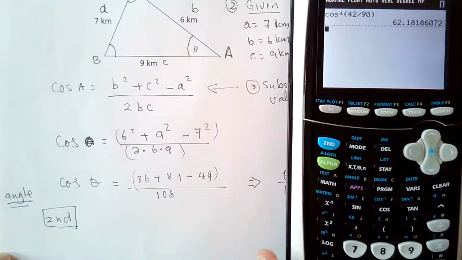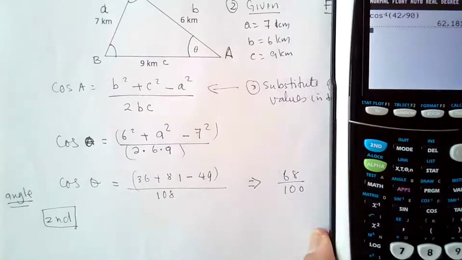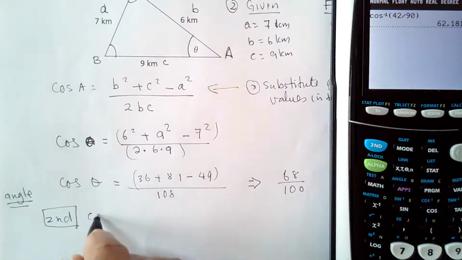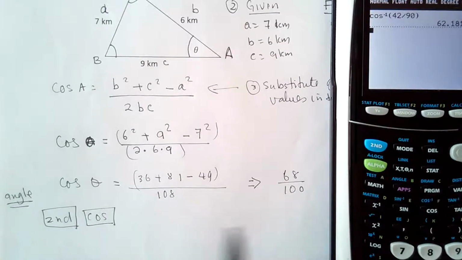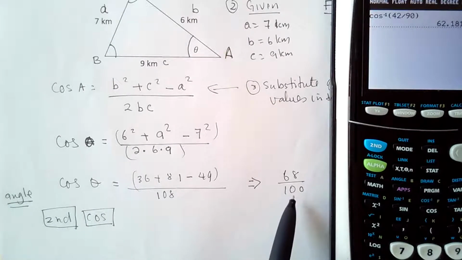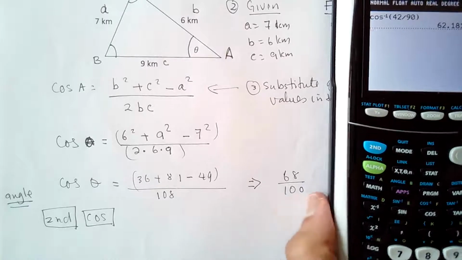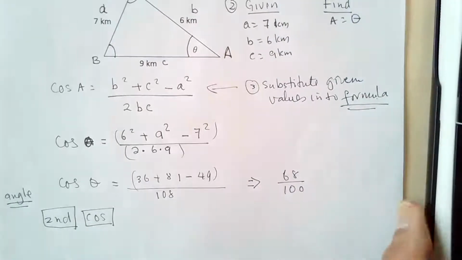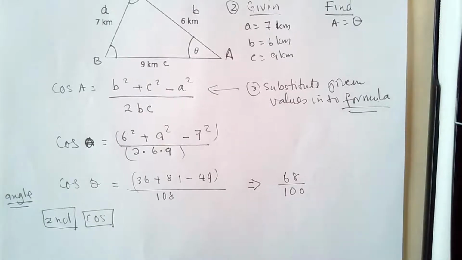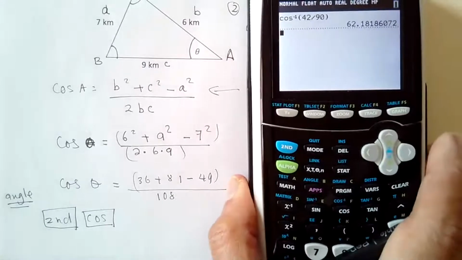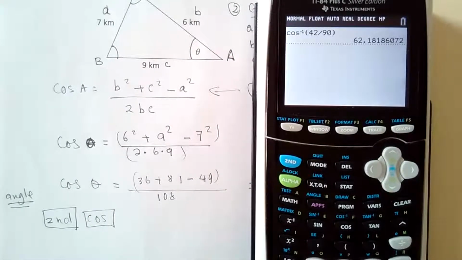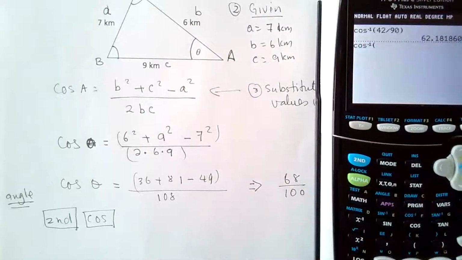So I go to my trusted calculator. Second, cos. I'll enter directly 68 divided by 100. But if your calculator doesn't have that capability, you will simplify this to a decimal. I'll show you the one you can use directly without simplifying first. Second, cos. I'll enter 68 over 100.